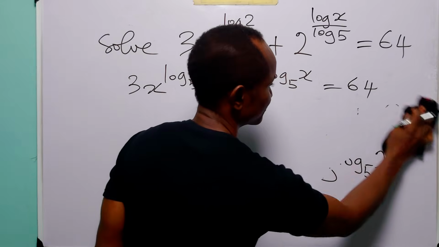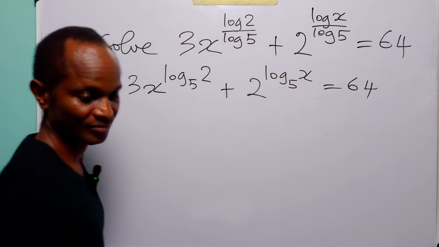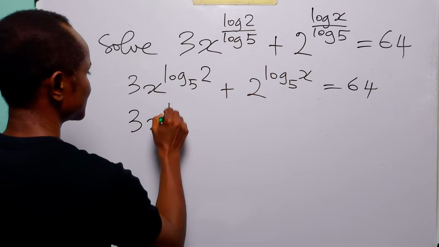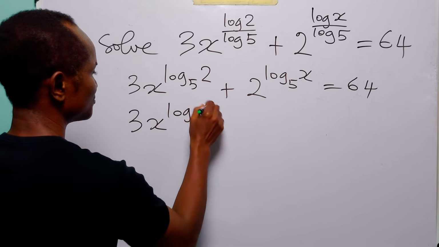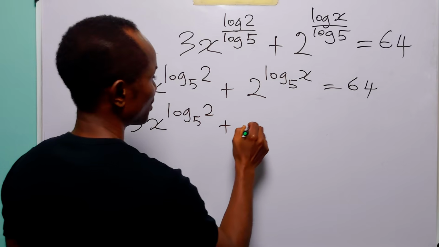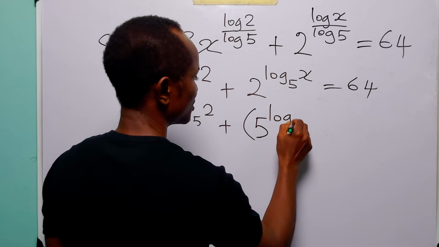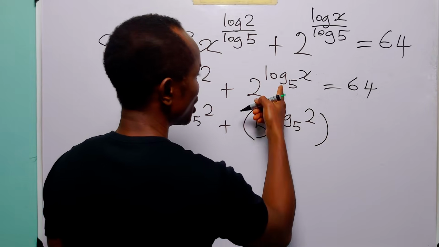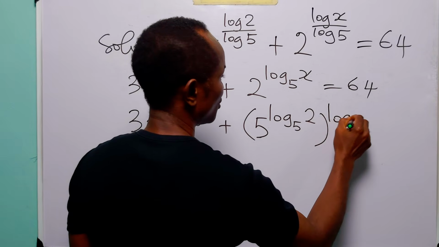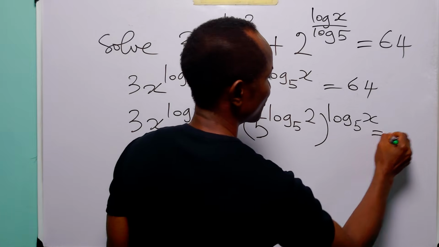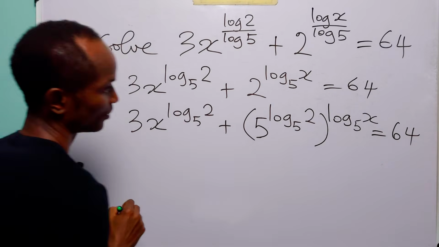When we do this, this equation becomes 3x to the power log base 5 of 2 plus 5 to the power log base 5 of 2 to the power log base 5 of x is equal to 64.